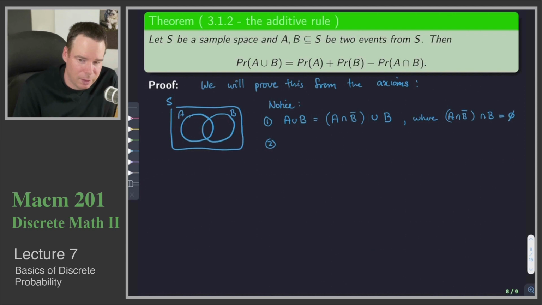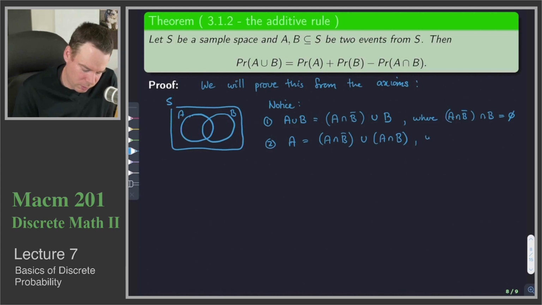And now for my set A, I'm going to notice that this set A can be written as A intersect B complement again, so this set here, union this stuff, and that's A intersect B. So I have that A can be written as A intersect B complement union A intersect B.